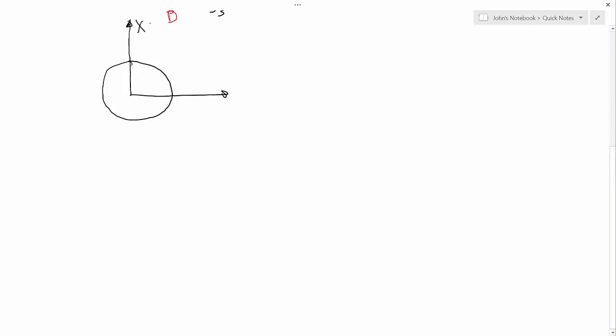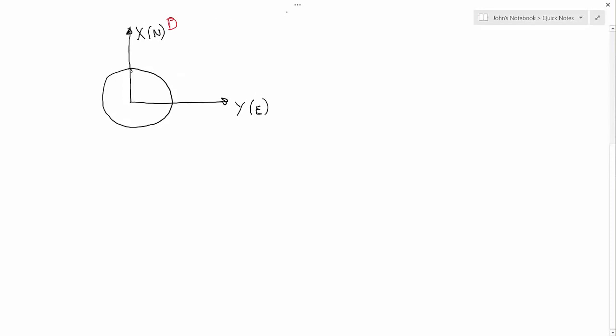So I'm going to use X for north, okay? And Y is east, all right? And then we're going to have our well bore, and actually I'll use a different color for this.